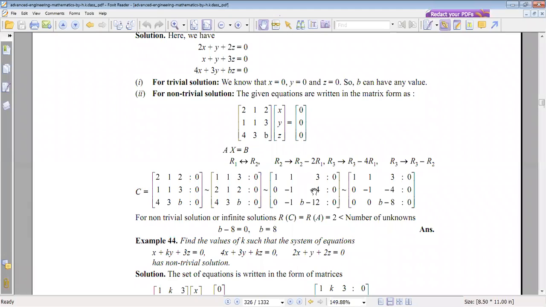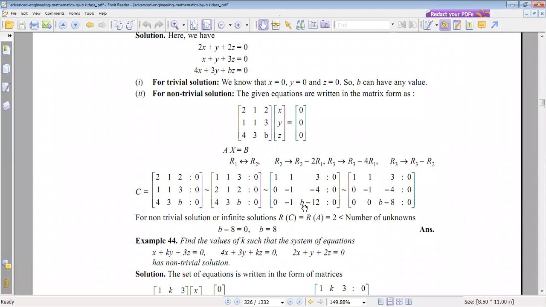Again, for the last one, row 3 tends to row 3 minus 4 row 1, because 4 minus 4 into 1 is equal to 0. 3 minus 4 into 1 is minus 1. Again, b minus 4 3s are 12, that means b minus 12.